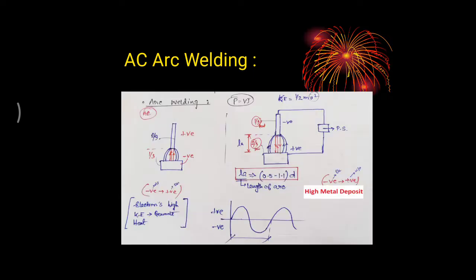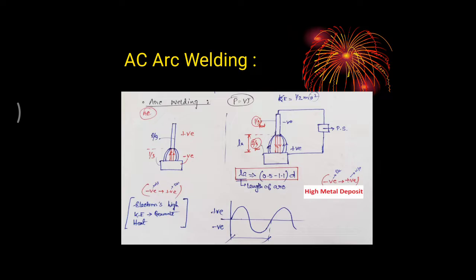This reverse polarity process is used in overhead positions, meaning the 4G or 4F position, because if the electrode gets highly heated, it will melt first and the deposit will not be proper in the overhead position, resulting in wastage of electrode.